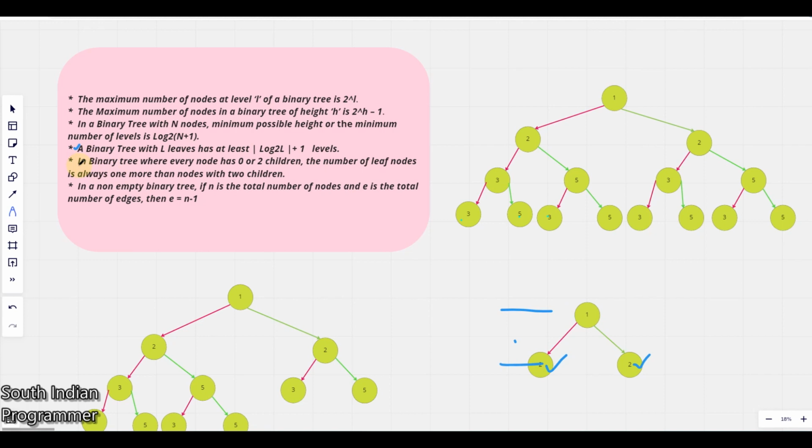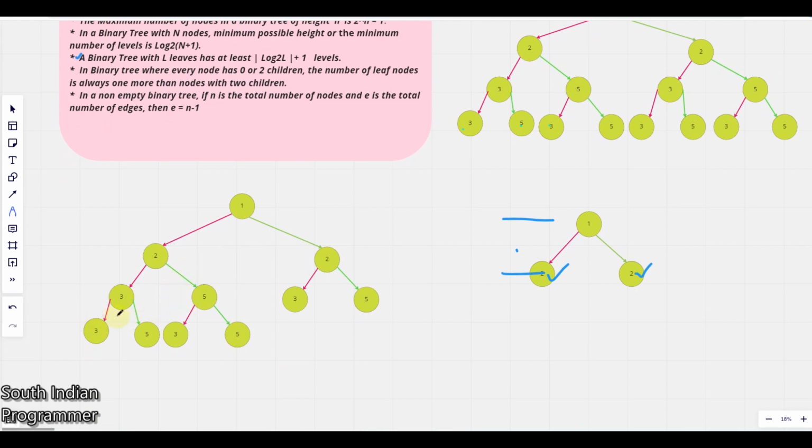And then in a binary tree where every node has 0 or 2 children, the number of leaf nodes is always one more than the number of nodes with 2 children. Here you can see in this tree, these nodes have 2 children, but these nodes don't have any children, so these are all leaf nodes. If you count these leaf nodes, 2, 4 and 6, and the internal nodes are 5, so 6 equals 5 plus 1.